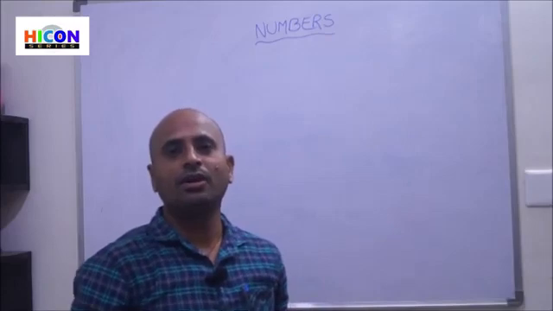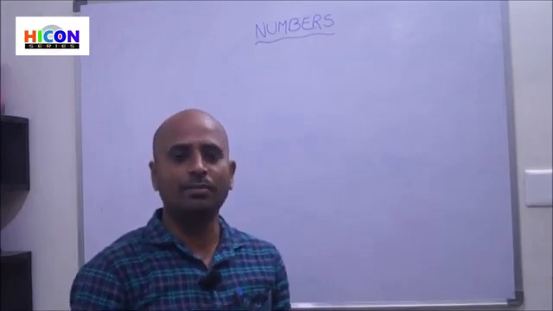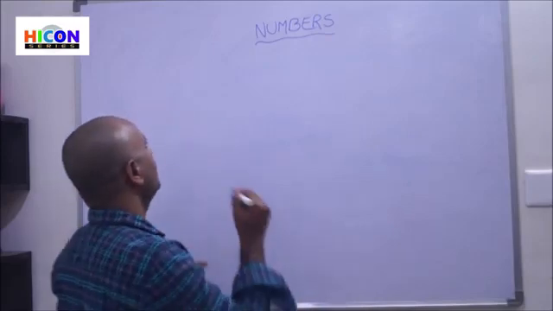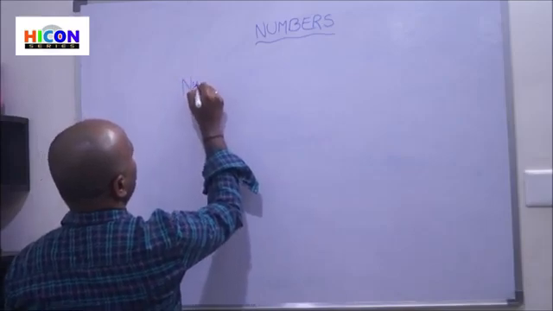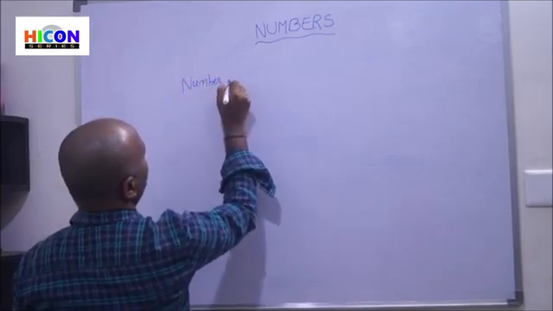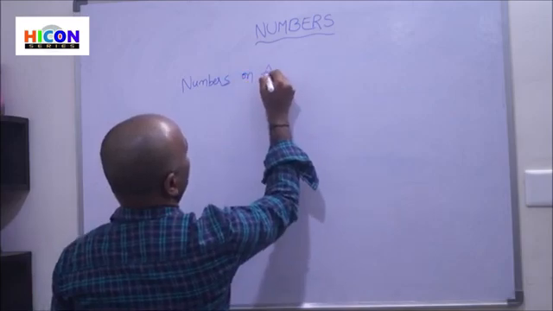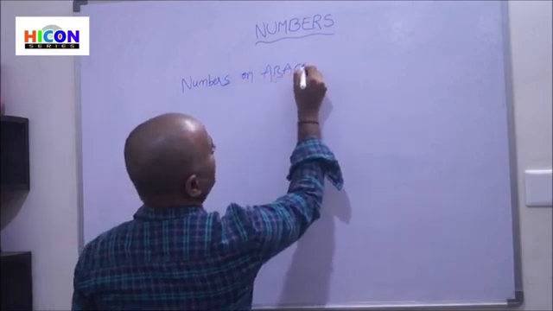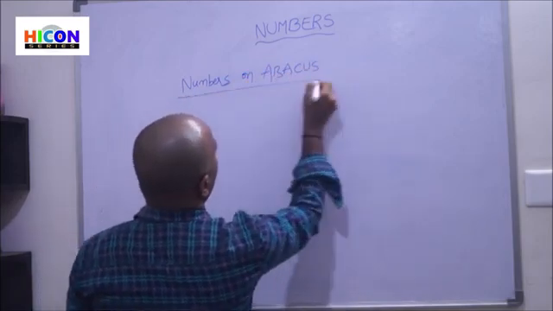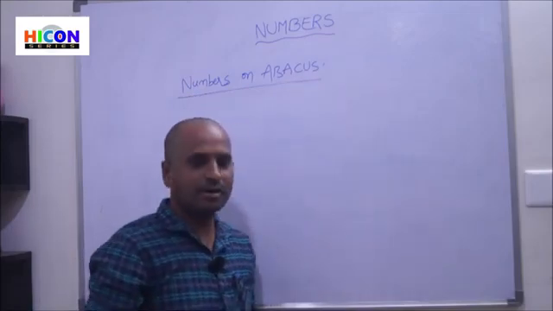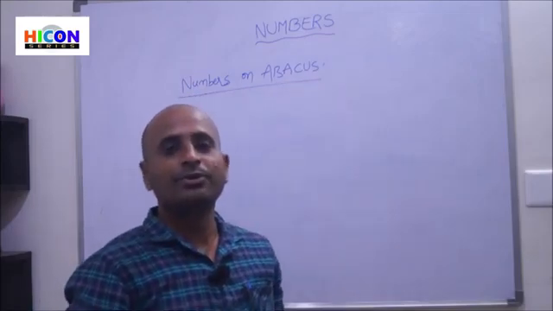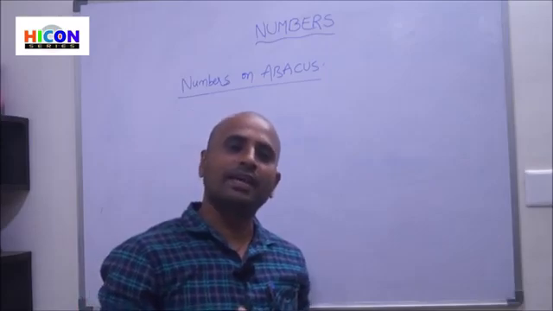We will learn how to show the numbers on the abacus. So how to represent numbers on the abacus? What is an abacus? An abacus is a device by which we can represent any number.